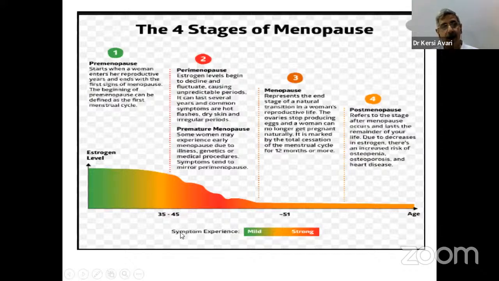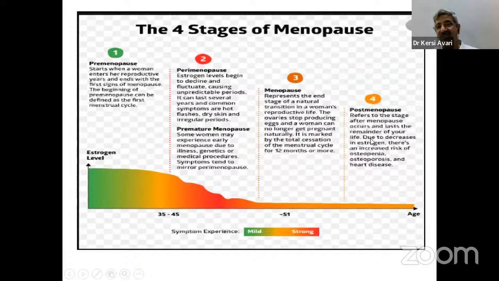Now, along with it, the deterioration in the level of estrogen means when the estrogenicity is lost, the femininity is lost. Right? Now, how it starts and what are the possible symptoms you can see or register yourself, like hot flushes, dry skin, irregular periods.